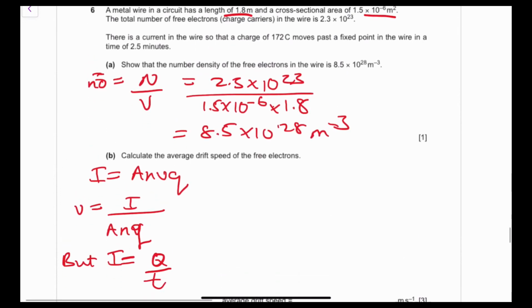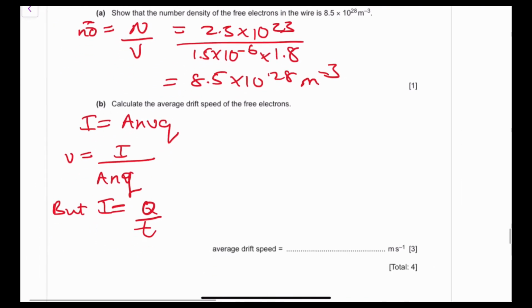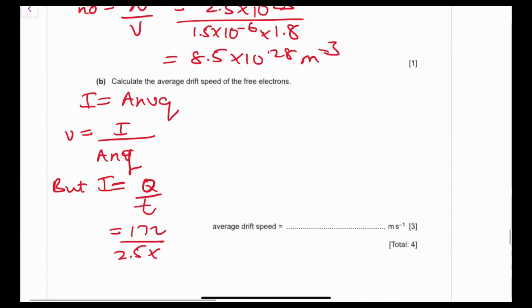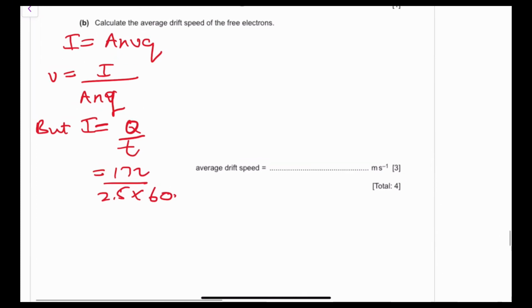So if I want to find my current, do I have my charge? Yes. Do I have my time? 2.5 minutes, right? So I basically say 172 divided by 2.5 times 60, which is the time in seconds.